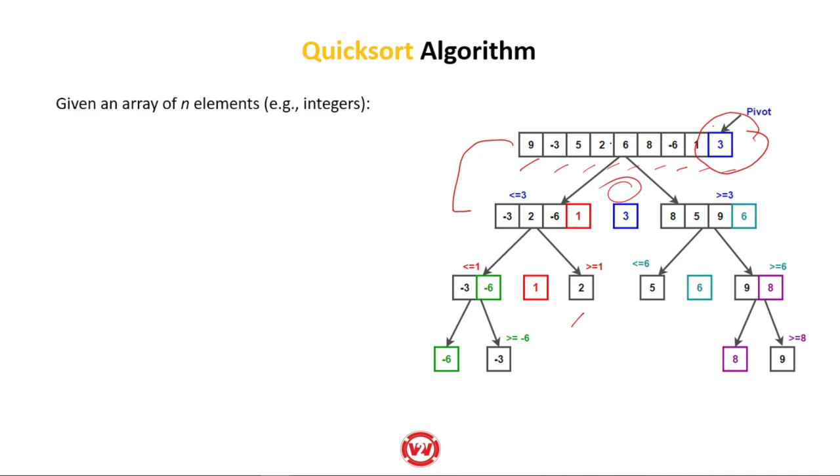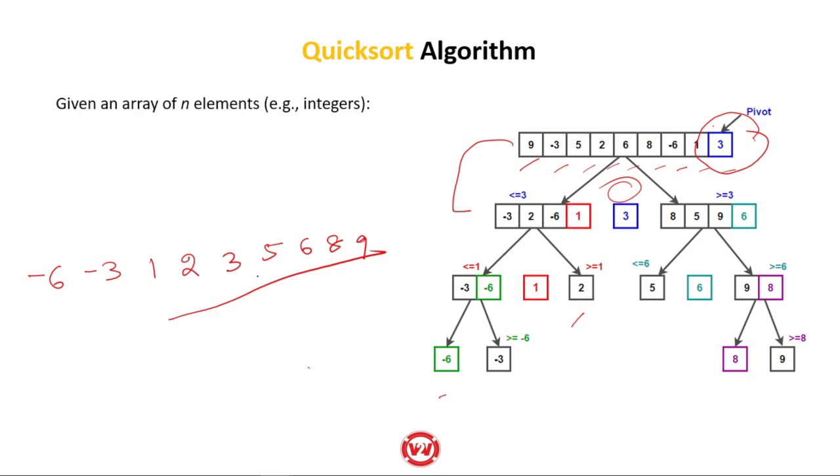If I tell you to sort this array, how are we going to sort it? Let's check. I'll be utilizing this space. So I'll sort this array: -6, then -3, then 1, then 2, then 3, then 5, 6, 8 and 9.